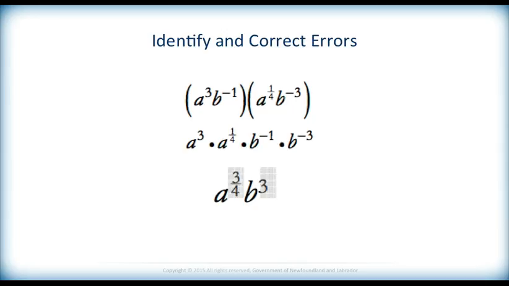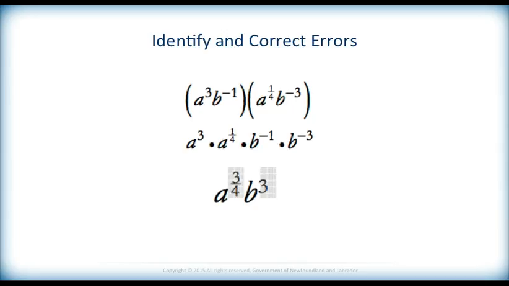Next, in our answer, we must see where they made a mistake. We know from the exponent law, when you multiply the same base, you have to add. 3 plus 1/4 does not equal 3/4. When you add a fraction and a whole number, you must get a common denominator. By doing this, we can say 3 divided by 1 plus 1/4.